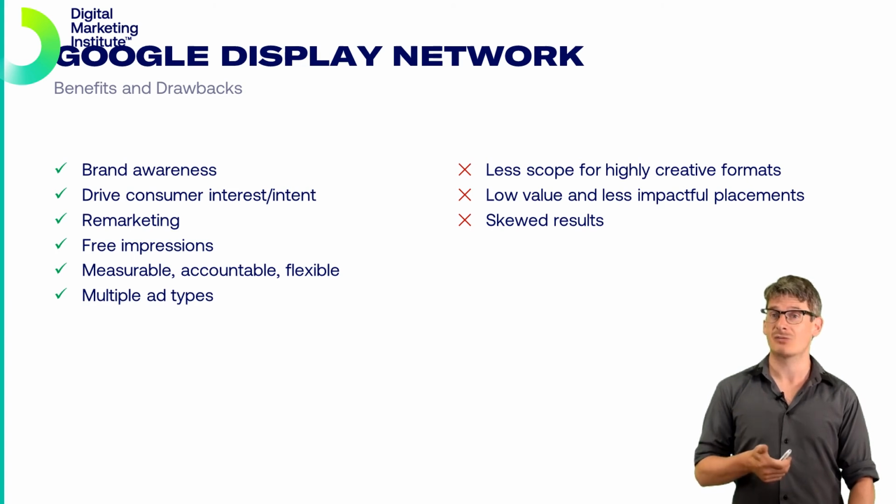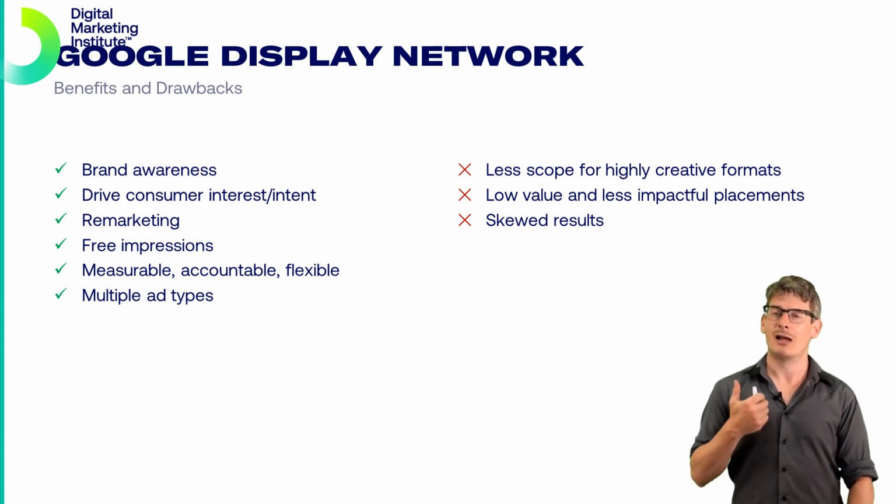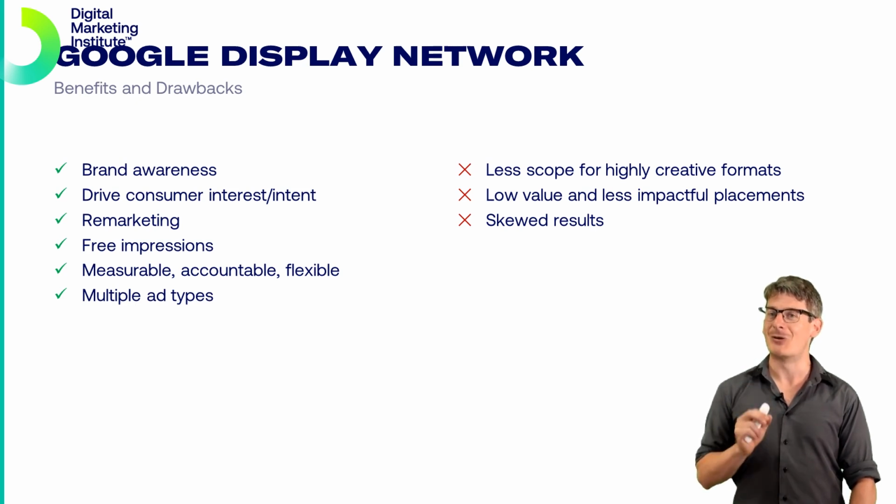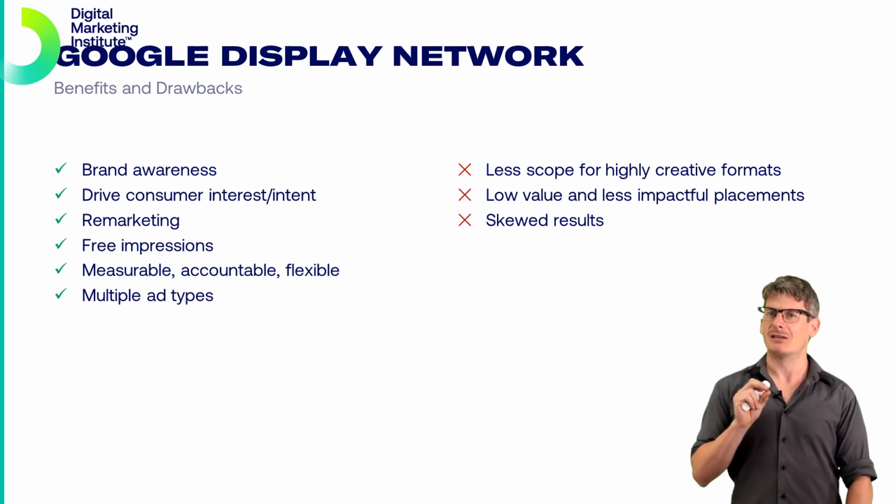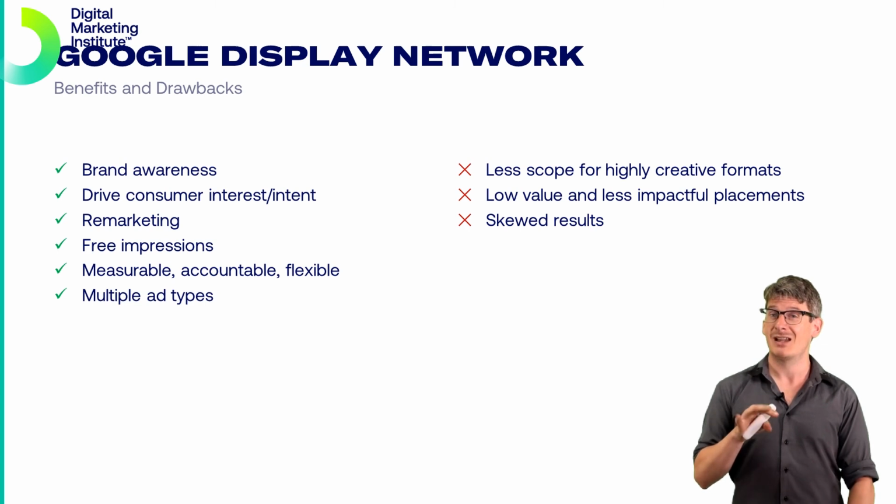So because the Google suite involves YouTube and a variety of different ad formats, it's a highly flexible option for us. Now the only drawback is it is very specific in things like file size. So while the format and the messaging can be quite creative, the file size is limited to 150 kilobits. So that gives us a limited scope for highly creative options. We can't do certain things with our creativity simply because the files can't be that big.